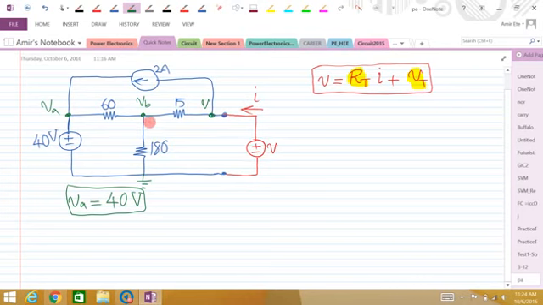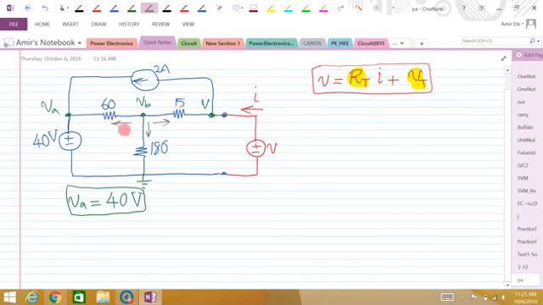Alright, so the first thing I do, I can write a KCL for this node. I can assume these three current directions and write the KCL at this node, node B. What is that KCL? This current going out, out, out, so the sum of them should be zero.